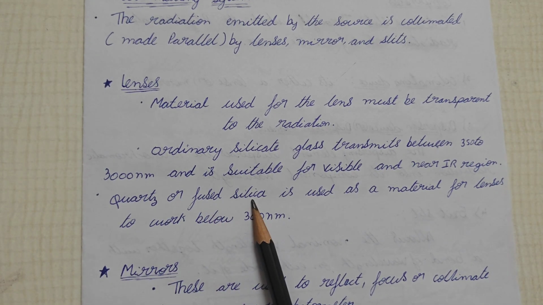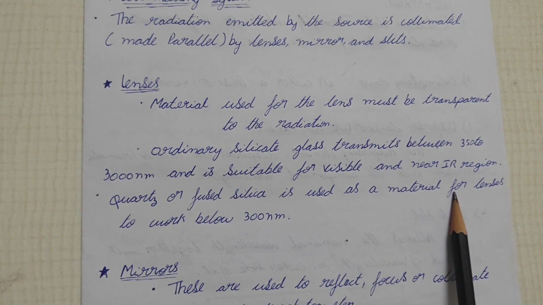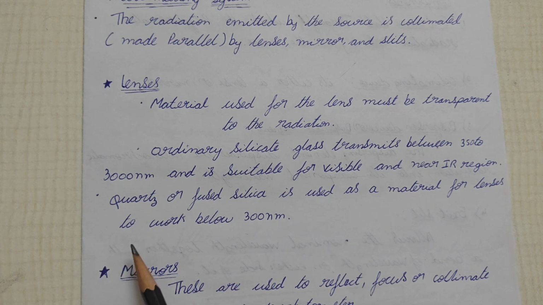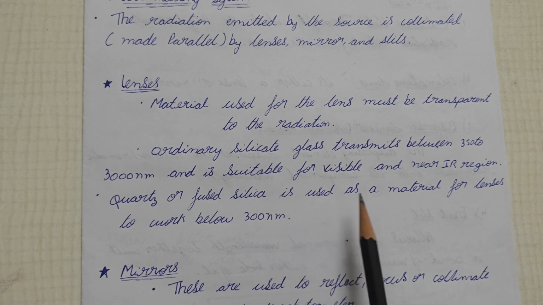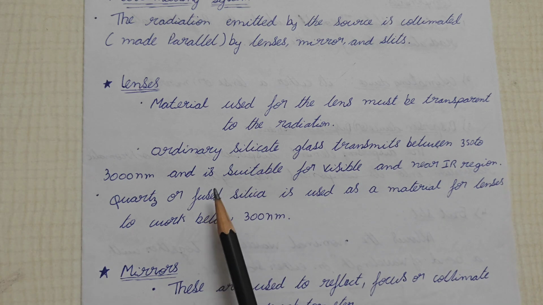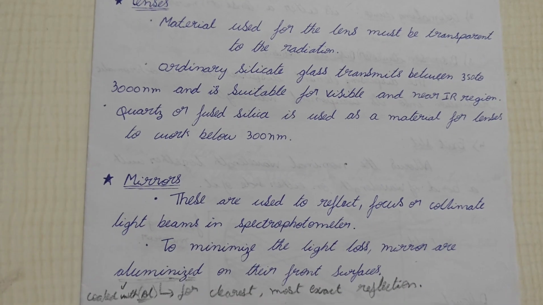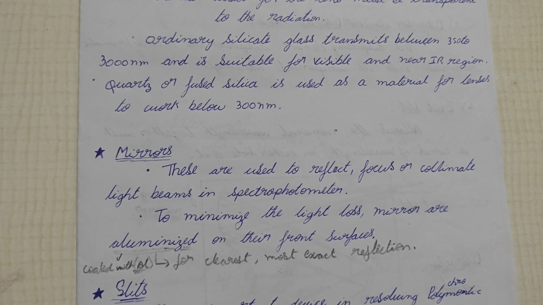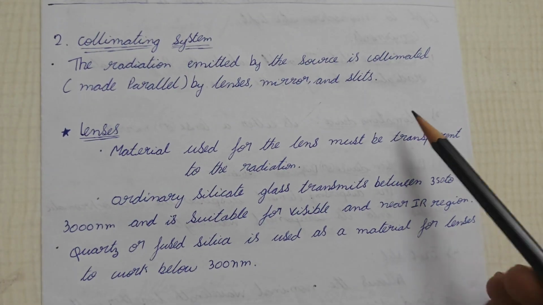Quartz or fused silica is used as a material for lenses to work below 300 nanometer. If we want more than 300, then we use silicate glass. If you want less than 300, then we use quartz or fused silica. That's it. Next, mirrors. You know, right, lenses focus the light.